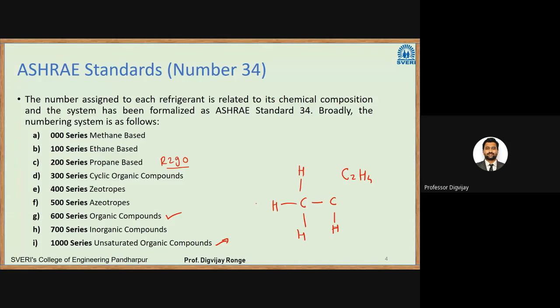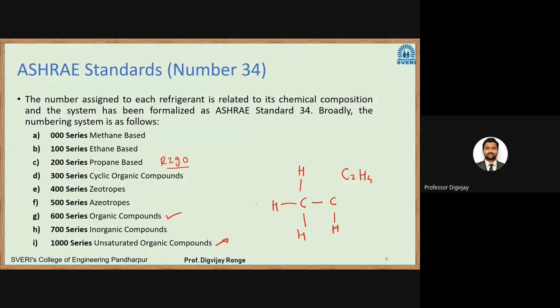I hope you have written this. This will give you handy guidance in identifying a refrigerant. If it is R12, that means it is methane based. If it is R112, it is ethane based. If it is R290, it is propane based.